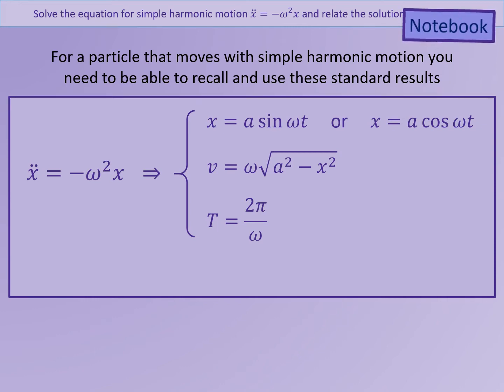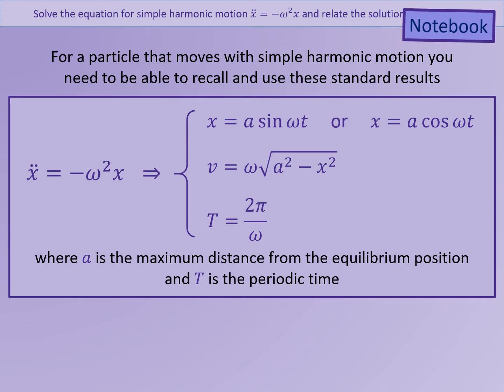So therefore you could write your simple harmonic motion in that form. So there is a link between those two. You might be given periodic time and therefore work out this one. Just making a note of the two important bits: A is the maximum distance, T is the periodic time. Omega is just this constant that we use throughout.